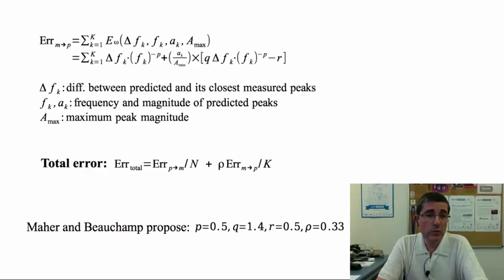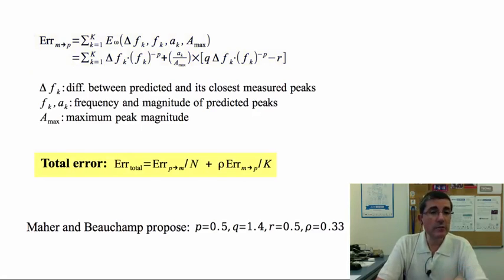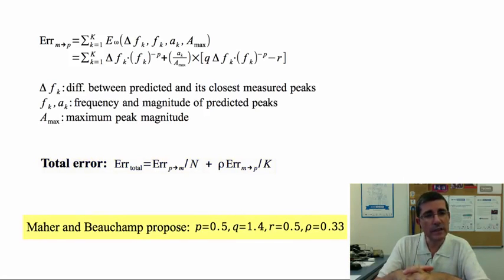And then we do the other way around. We measure the measured to predicted error. So we start by looking at all the measured peaks and look at the closest ideal peaks or the ideal harmonics, and again we look at the distance and we apply some weighting factors, and then we have a total error, which is the sum of these two errors, and again we have some weighting coefficients so that we can set it to work for our particular situation.